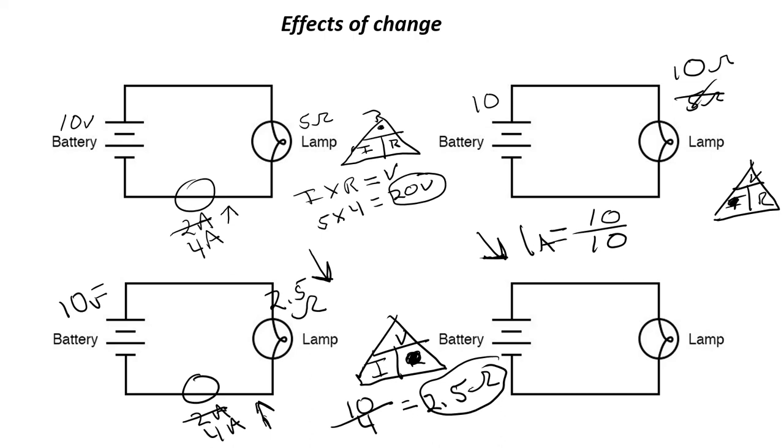Let's do one more. So let's say, what didn't we do already? Let's work on volts. All right, so I don't know what my volts are. They're usually 10. But in this situation, my amp stayed the same.